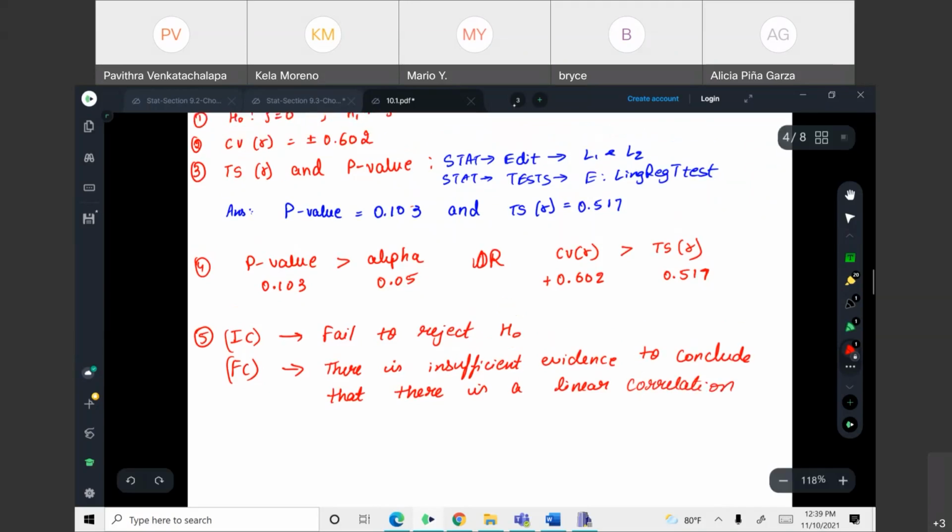So when we fail to reject H naught, that means we do not have a linear correlation.